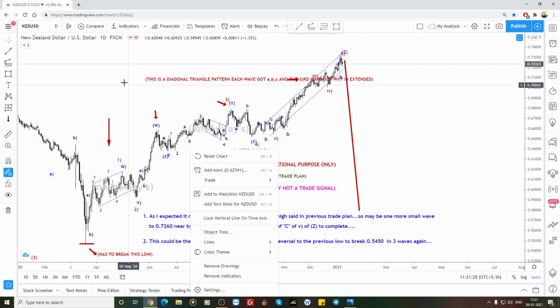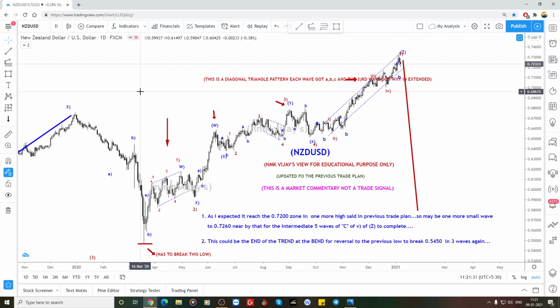I have shorted at 39,200, and I placed the stop loss at 40,300 and 200. I put it on the 1 minute and 5 minutes and was just looking at those things, and the fifth wave got extended.